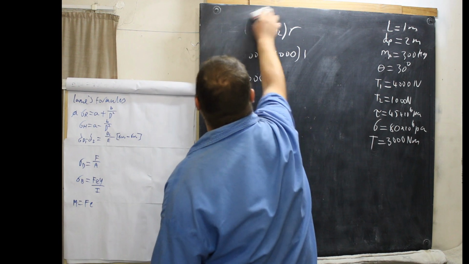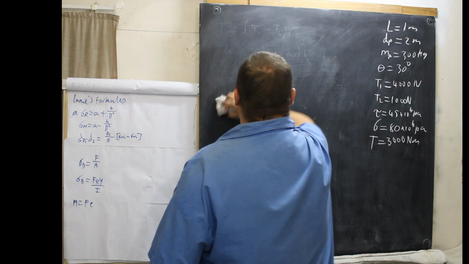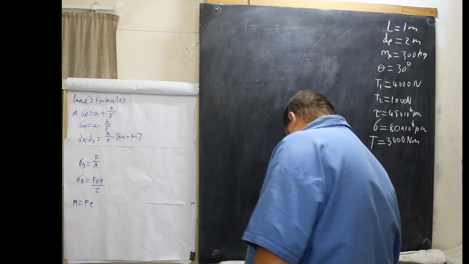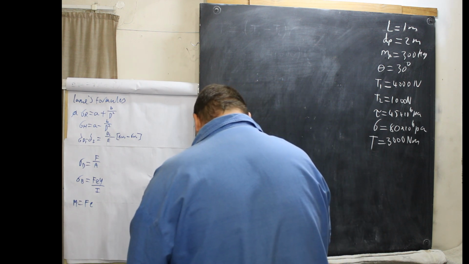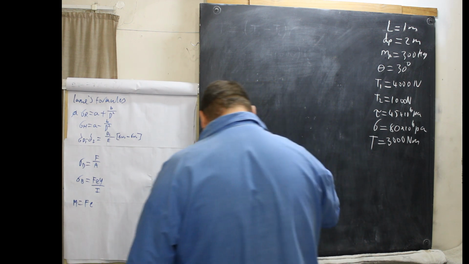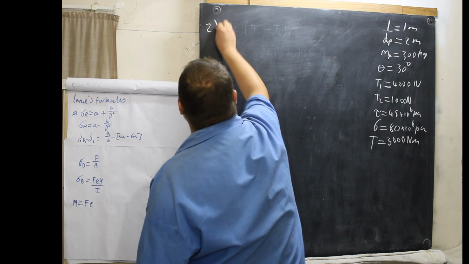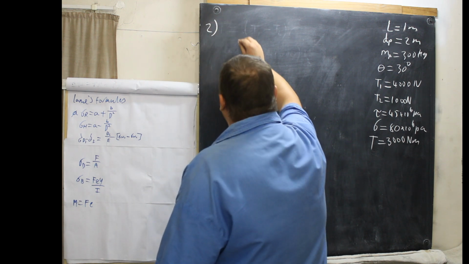Now next sum, number 2. What they want is our maximum bending moment on the shaft. First things first, we need the weight.